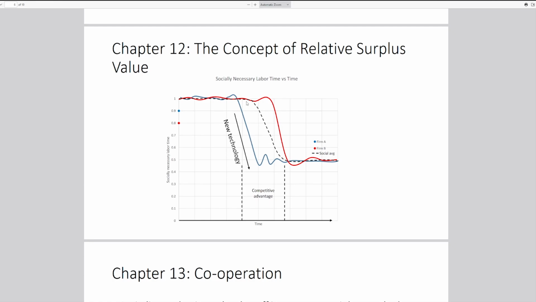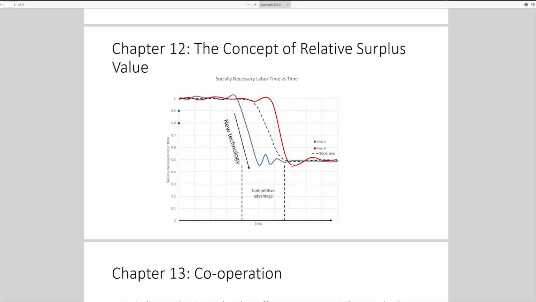But those pesky old coercive laws of competition eventually will catch up. The red corporation here will eventually figure out the production secret, the technology, whatever, and catch on. And they're eventually going to implement the same production techniques and catch up.